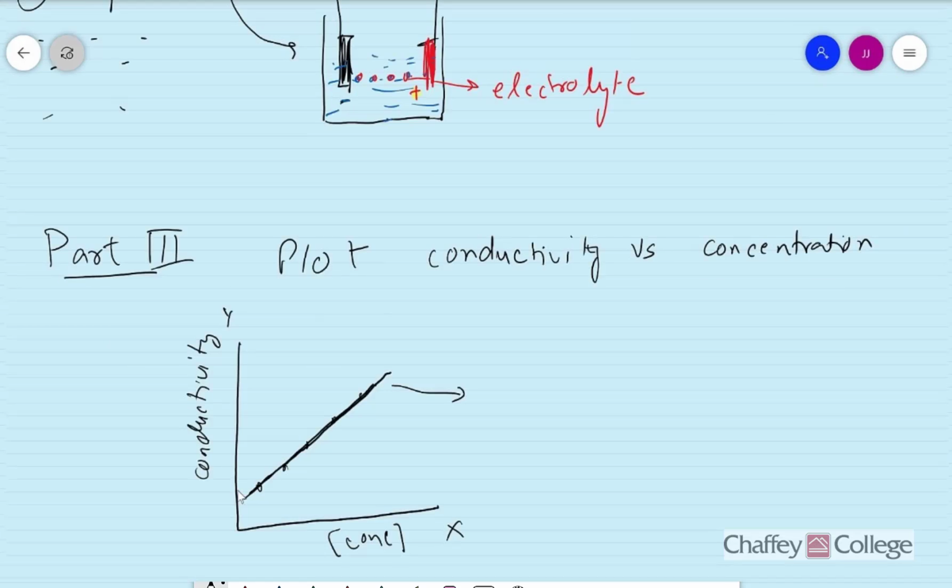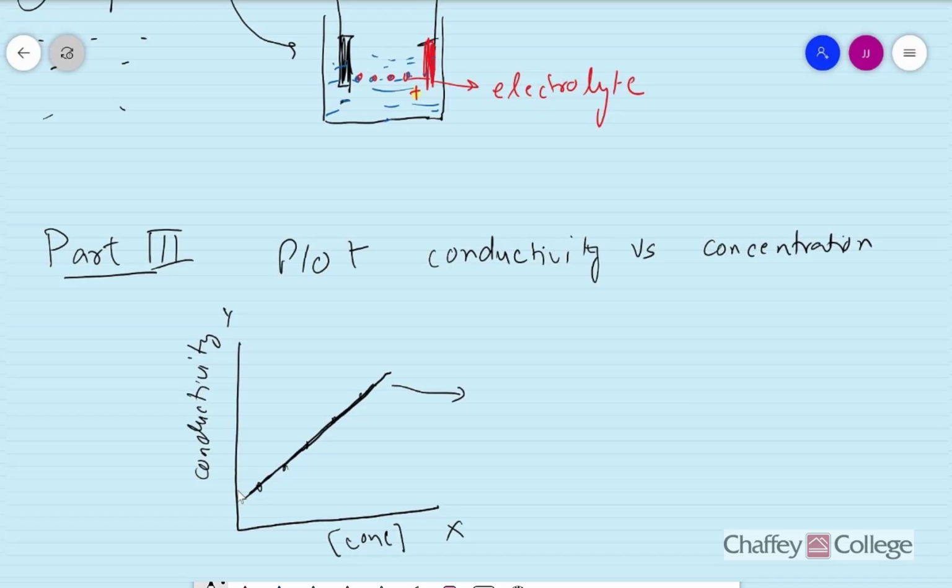In part 3, we are going to plot a conductivity versus concentration plot or graph, and the graph will look like this.